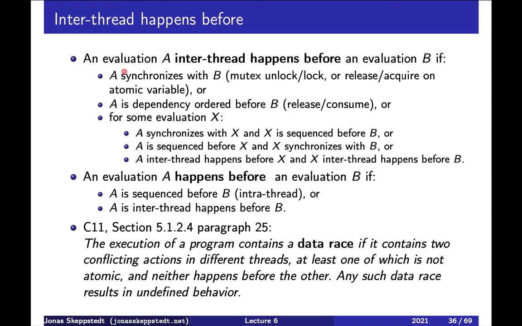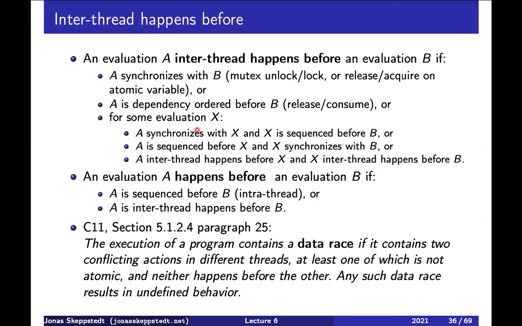So if A synchronizes with B, then A inter-thread happens before B. And recall, A synchronizes with B means using either mutex unlock and lock or release acquire on an atomic variable, including a release sequence. I mean, read, modify, write by other threads in between. Or that A is dependency ordered before B using release and consume.